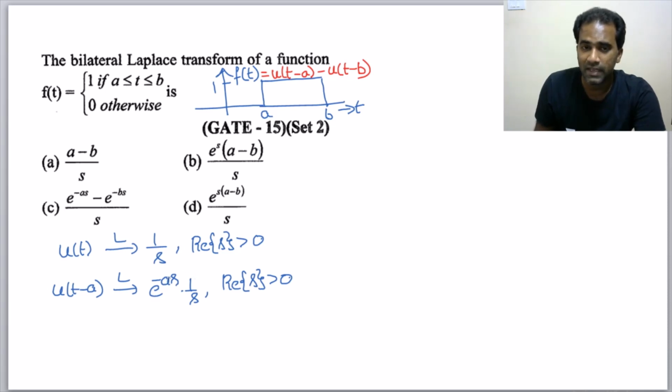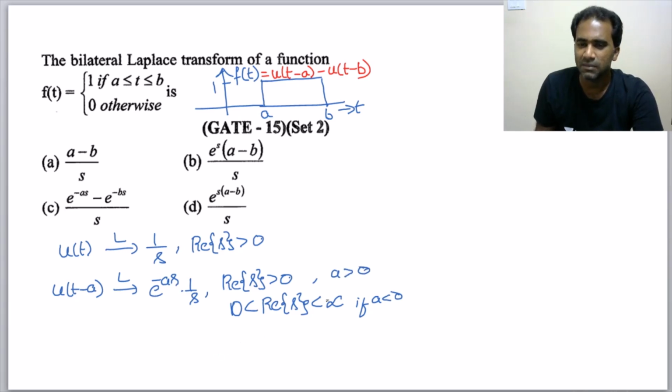This is the ROC if A is positive, but if A is negative, then the ROC will change a little bit. You can say it is 0 less than real part of s less than infinity if A is negative.